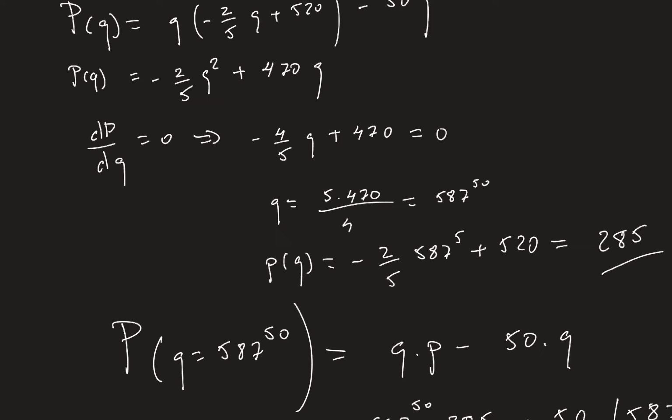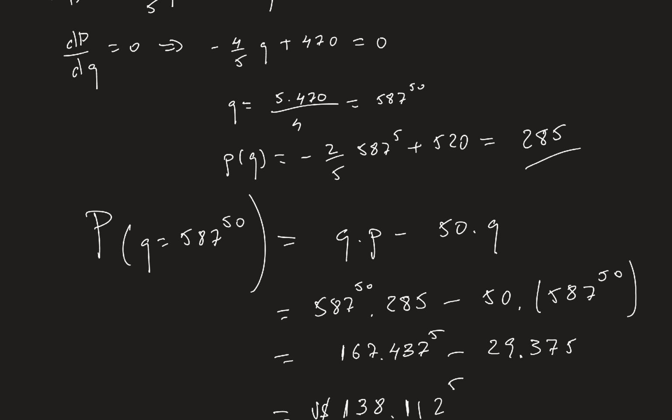So what happened now? The maximum profit occurs when you have your hotel with 588 rooms, we can say, occupied at the price of $285 per room. And what amount of money will you get as a profit?